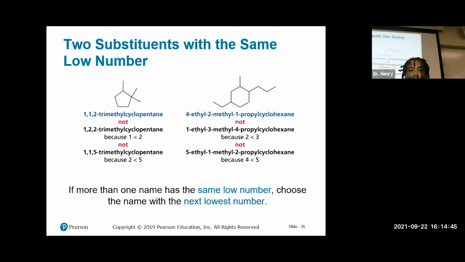We're going to go with this guy being 1 because you have 2 substitutions there, or 2 branches or 2 groups hanging off it. So this guy is going to be 1, this guy is going to be 2 because it has 2 methyl groups, where this guy only has 1 methyl group. Does that make sense? So if you have a choice where the number goes, you want the low number to go to the one that has the double substitution.